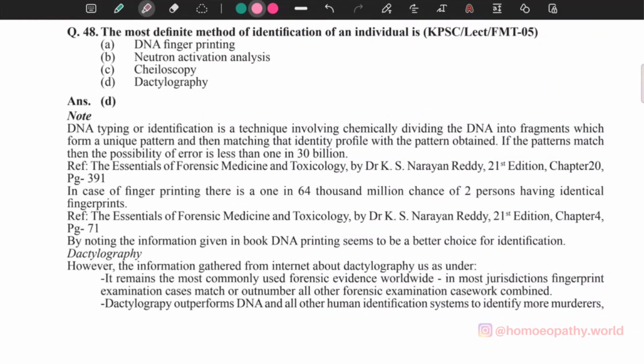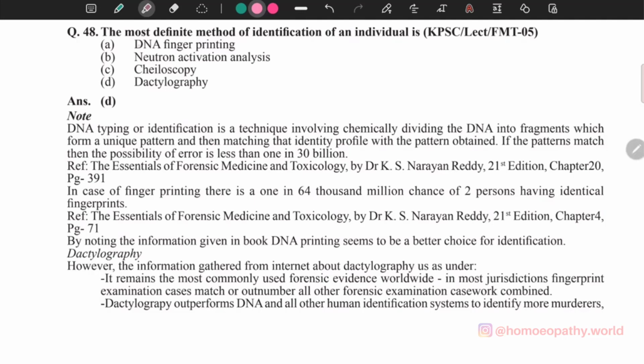Okay. Next question. The most definite method of identification of individual is, again, we have been through this. The answer earlier we had seen as the most definite method of identification of an individual is DNA printing. Okay, but here you can see the options are DNA fingerprinting, neutron activation analysis, cilioscopy, or dactylography.